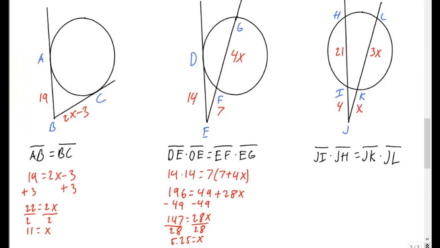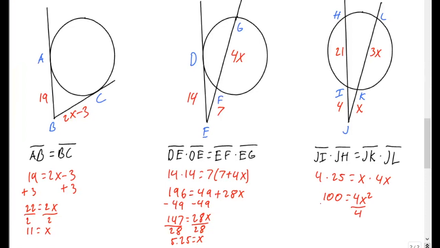And in the last one, JI times JH. So 4 times 25, the entire length, remember, is equal to JK, which is x, times the entire length, x plus 3x, which is 4x. 4 times 25 is 100, is equal to x times 4x, which is 4x squared.